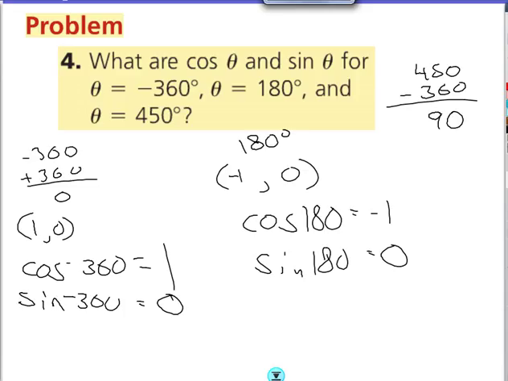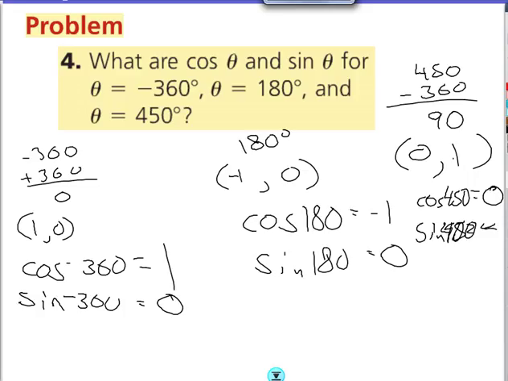So the coordinate of the point at 90 degrees is, so the cosine of 450 is the same thing as the cosine of 90, which would be, and the sine of 90 is, not 90, 450 is, does that make sense? Yeah.